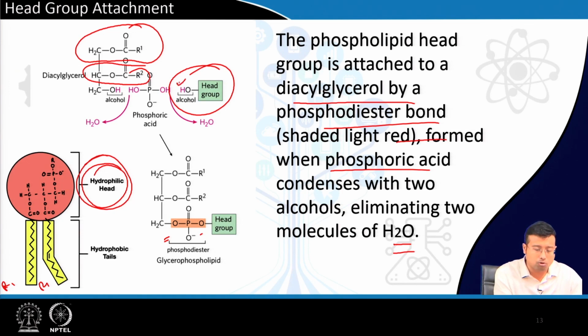Over here there is one OH group attached to the head group, and there is an alcohol, an OH group, attached to the phosphatidic acid. When a phosphoric acid condenses here, one HOH will be eliminated from here and one HOH will be eliminated from here. Ultimately, this will form a phosphodiester bond, and this is the basic structure of a glycerophospholipid.